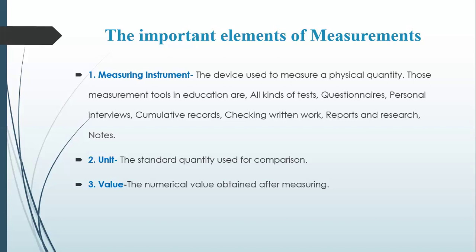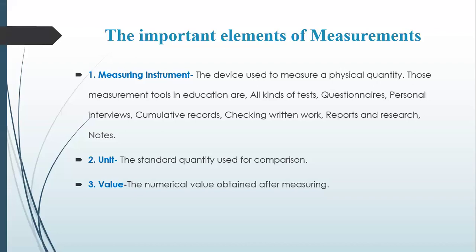Then the unit is the standard quantity used for comparison. Sometimes the unit may be marks, and sometimes it may be a quality. The normal unit, if we measure distance, may be meter or centimeter.